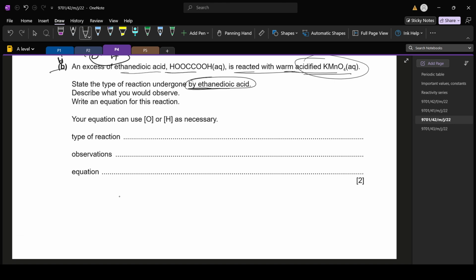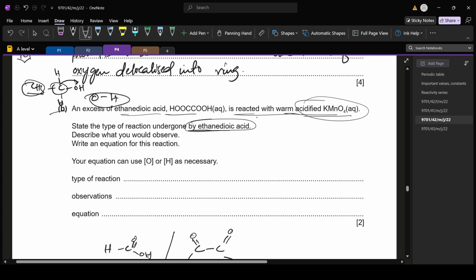In your syllabus, methanoic acid and ethanedioic acid, this is the structure of ethanedioic acid, they both can be oxidized. Ethanedioic acid is reacted with KMnO4, which is an oxidizing agent, so it is the oxidation type of reaction.